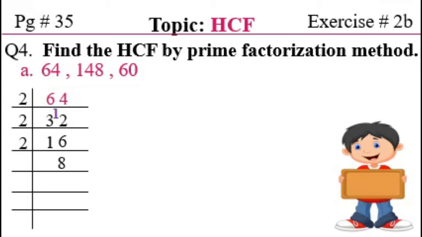Now an even number again, so it is divisible by 2. Yes. So we will divide it by 2. 2 times 4 is 8. Again an even number. Again it is divisible by 2. 2 times 2 is 4. And now 2 is divisible by 2, yes. So 2 times 1 is 2.